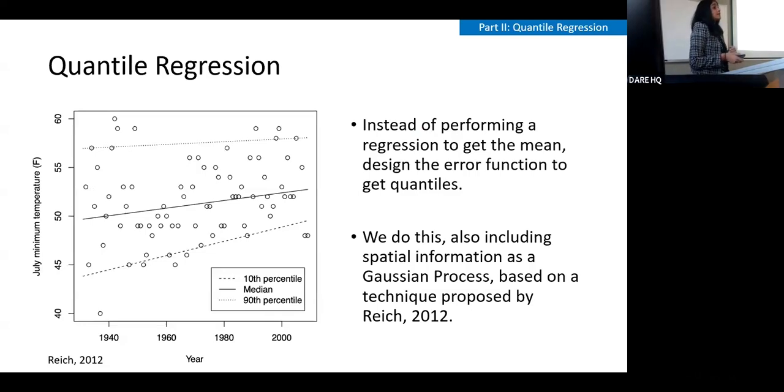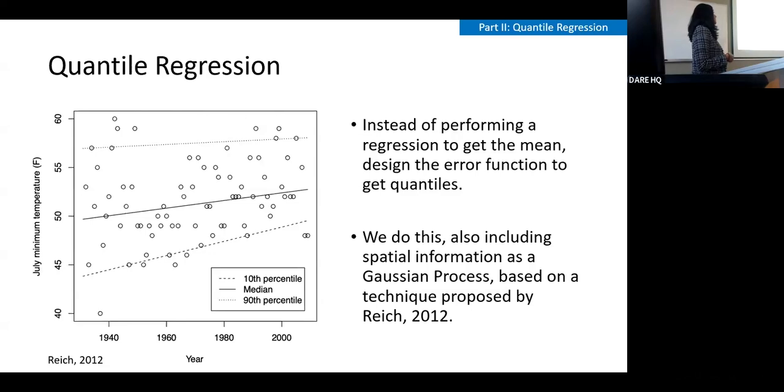So to try to understand this, rather than looking at things that are symmetric, like the mean and the standard deviation, we decided to use quantile regression, where we can look at the individual quantiles and how they are changing. We use a spatio-temporal technique that was put forward by Brian Reich.